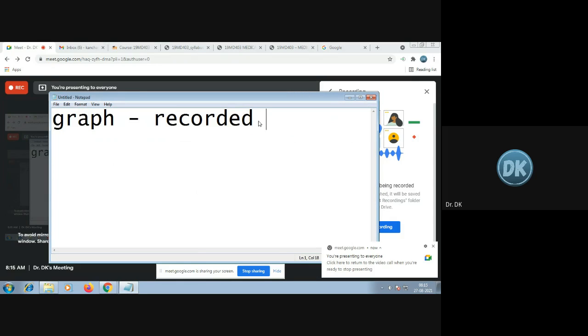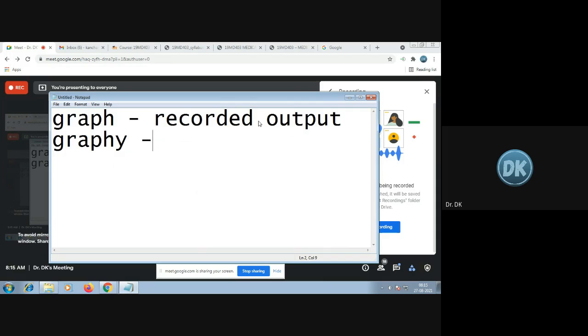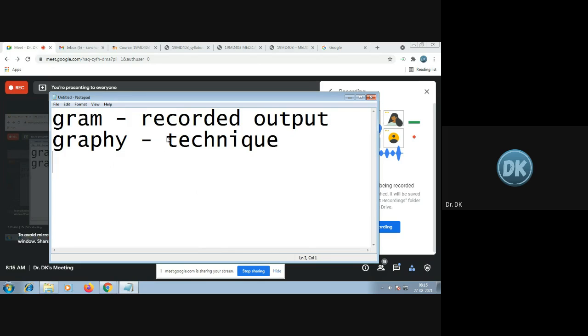Gram is the recorded output, graphy is the technique, and graph is the instrument used to measure.